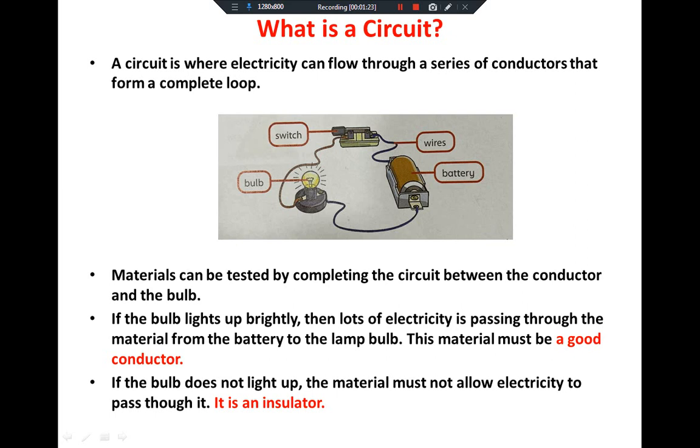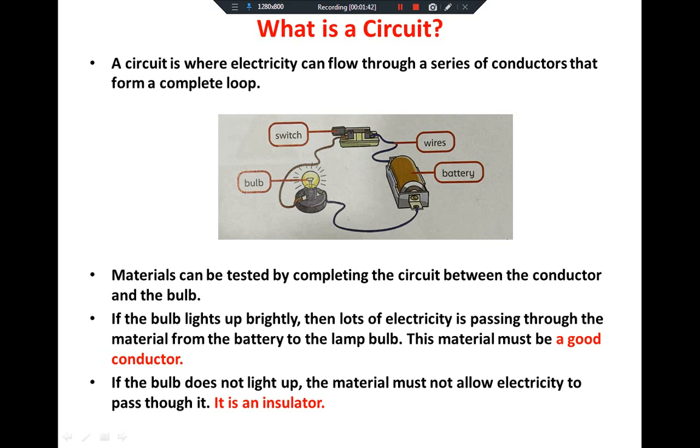Materials can be tested by completing the circuit between the conductor and the bulb. For instance, we have a bulb over here, as you can see. That bulb is connected to wires, cables. We also have a battery and a switch over there.